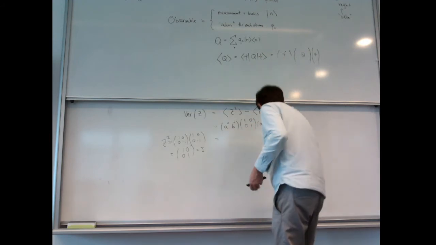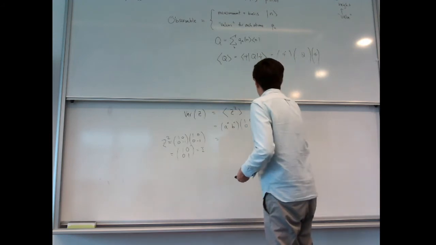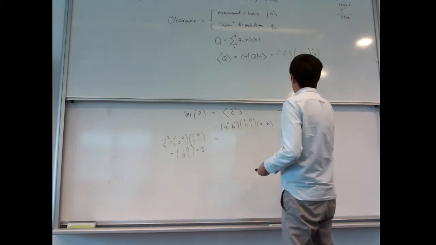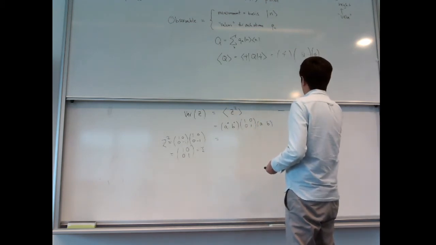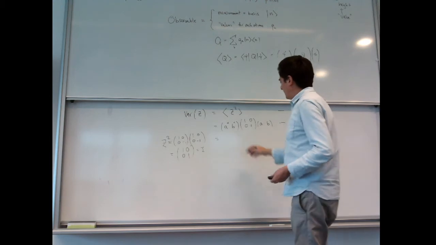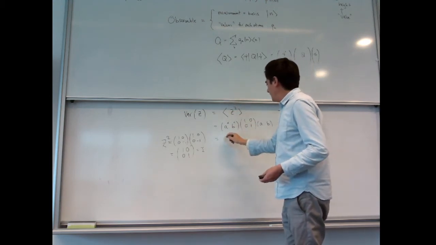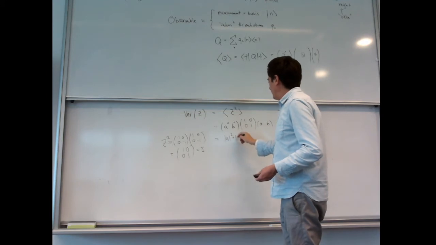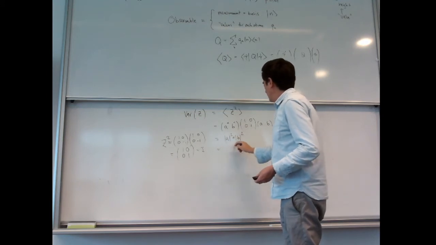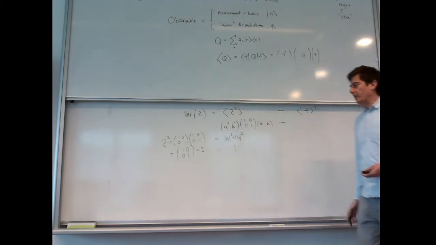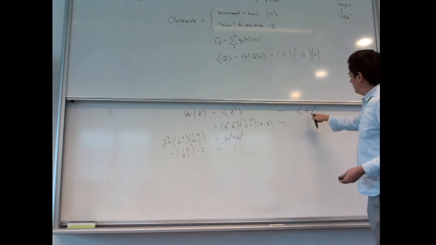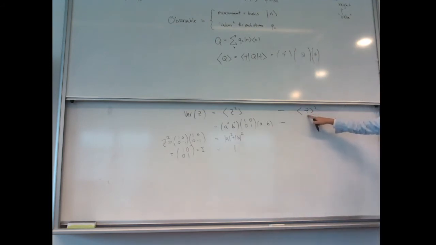The average of Z squared is going to be alpha squared plus beta squared, and that's going to be equal to 1. Okay, and the variance is actually that minus the average of Z squared, right?